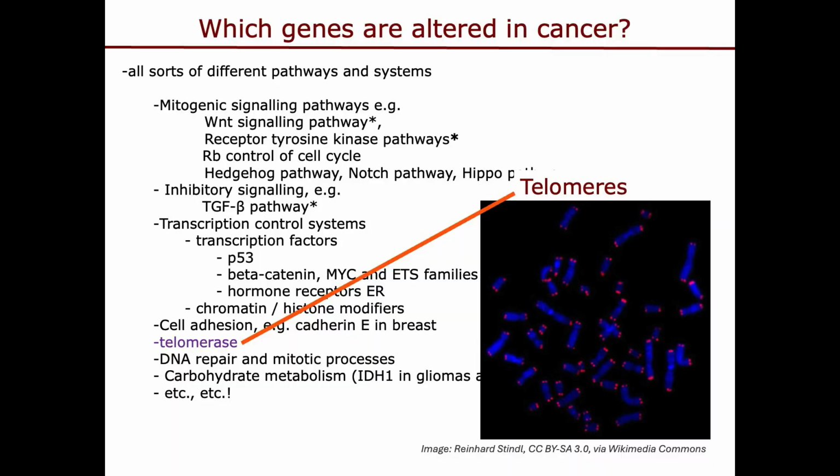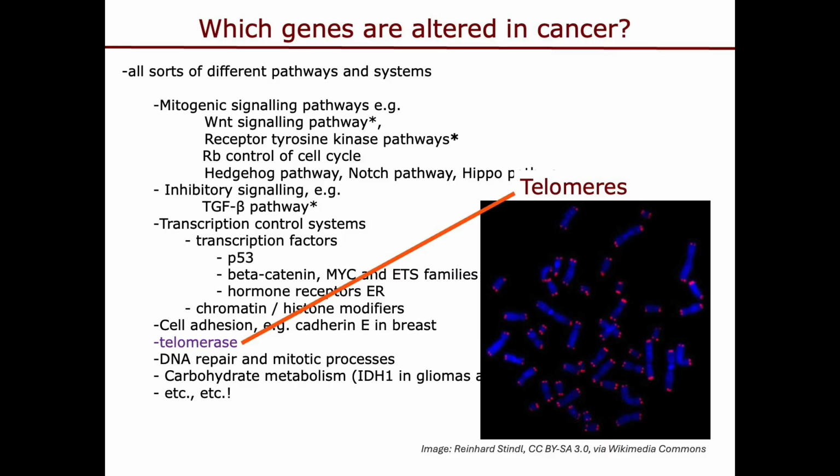Moving on from cell adhesion, I should remind you that we've talked previously about telomerase. This is the enzyme that replicates telomeres at the ends of chromosomes. These little fluorescent marks in this diagram show the telomeres at the ends of chromosomes. These shorten as cells replicate.